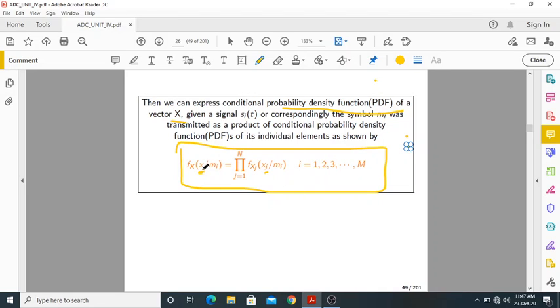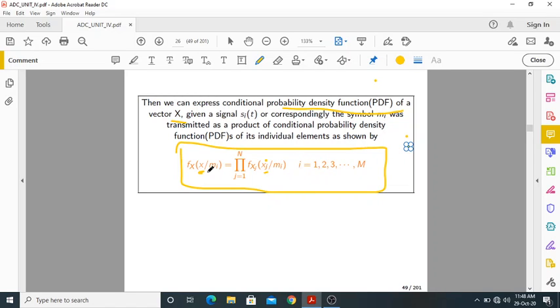The conditional PDF of this vector capital X equals the product of the conditional PDF of individual elements xj. You expand this, what do you get? fX of x given mi equals fX1 of x1 given mi into fX2 of x2 given mi, x3 given mi, so on, xn given mi.